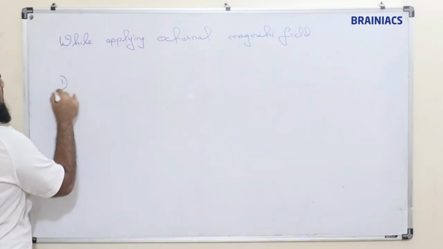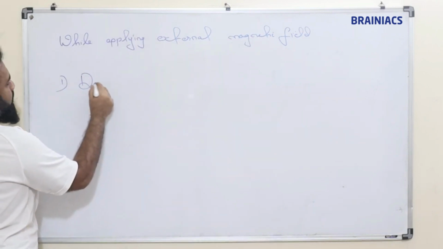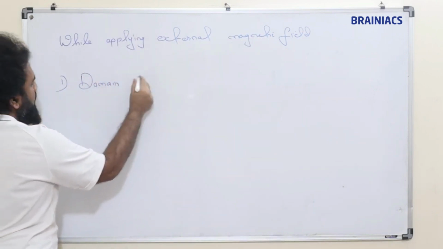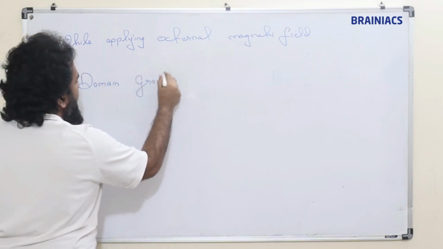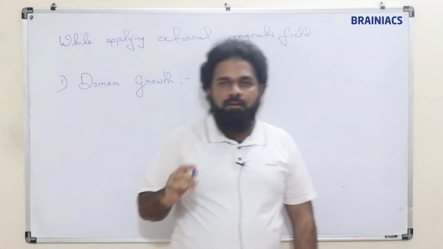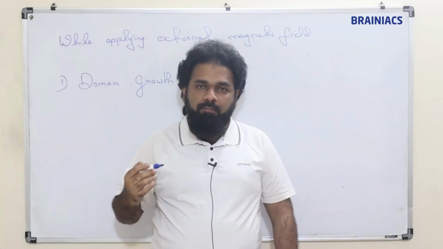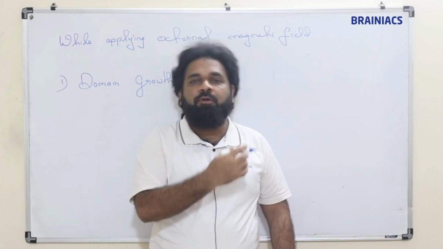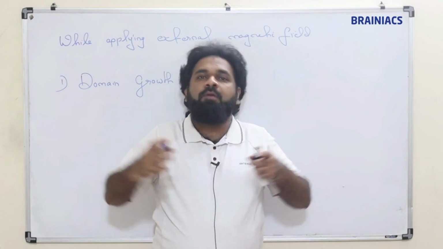Number one is domain growth, which is nothing but some domains will have magnetic dipoles in the direction of the applied field, so that domain will grow.